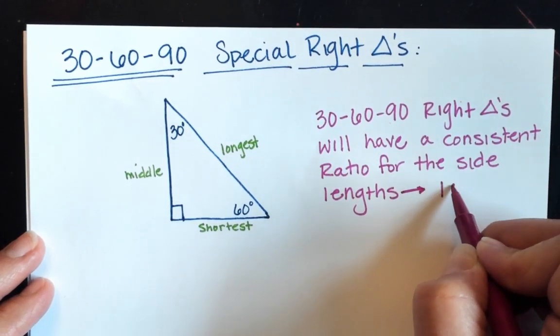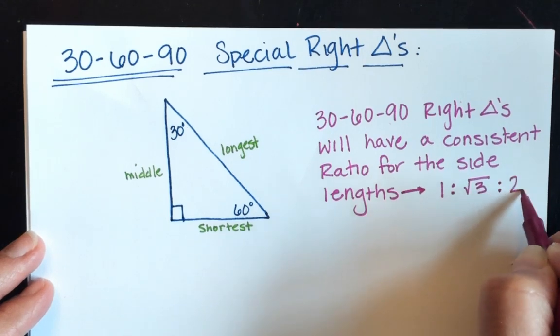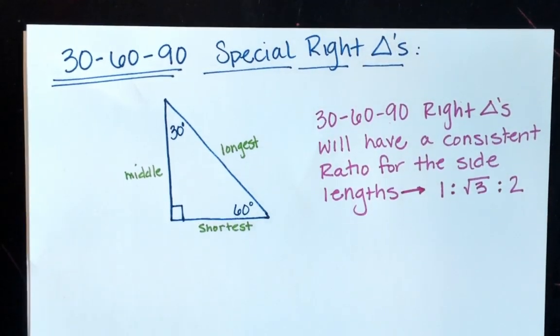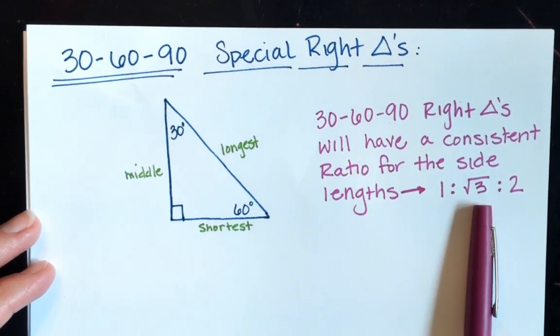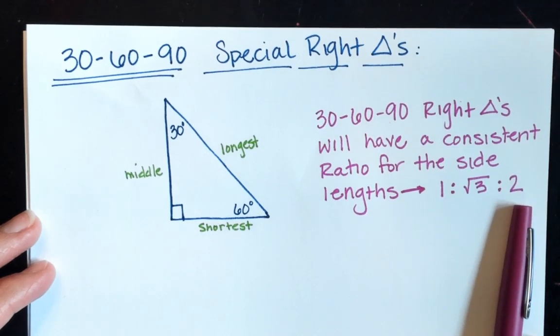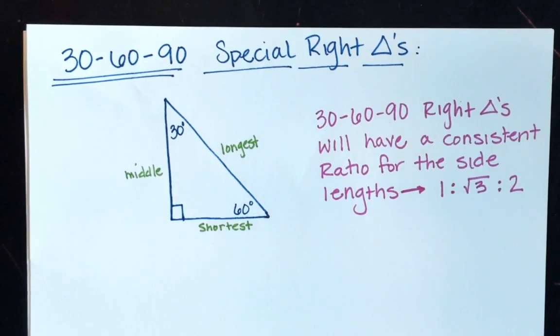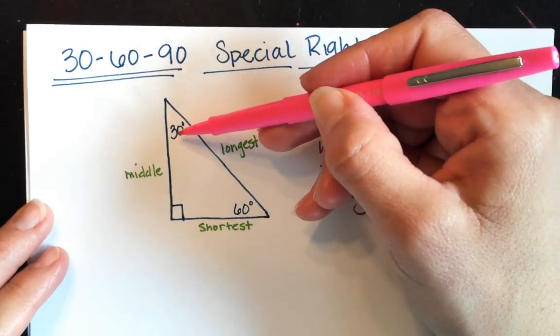And that is a 1 to radical 3 to 2 ratio. So just like we saw with our 45, 45, 90, where we said it was 1 to 1 to radical 2, now we have our shortest side is going to be 1 times something. Our middle side is going to be that something times radical 3, and our longest side is going to be 2 times that something.